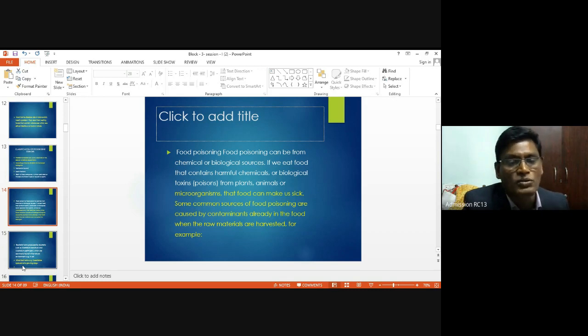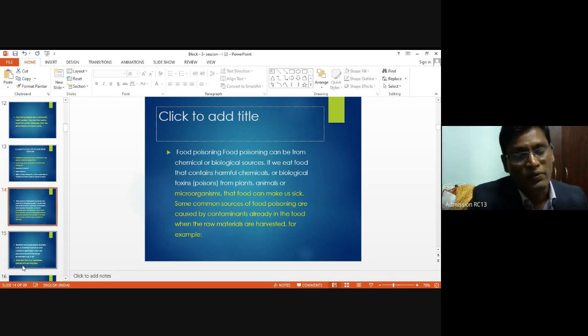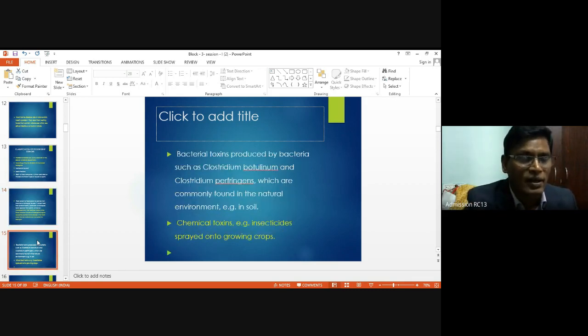Some common sources of food poisoning are contamination already present in the food, when the raw materials are harvested, for example. Some food materials at the production or harvesting level may be contaminated with chemicals or infected with microorganisms, bacteria, or viruses. Then there are bacterial toxins produced by bacteria such as Clostridium botulinum and Clostridium perfringens, which are commonly found in the natural environment, for example the soil.